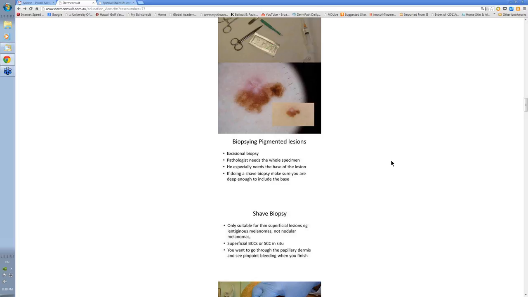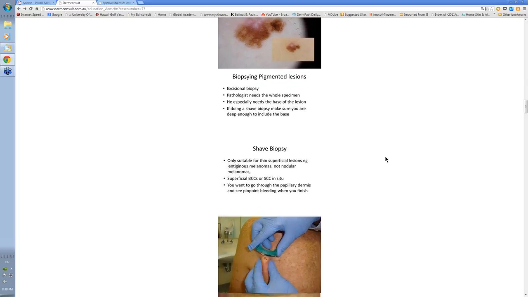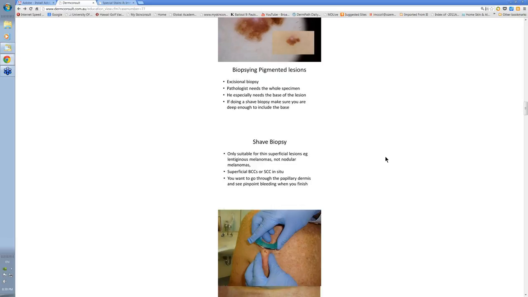A flat pigmented lesion, you can do a shave biopsy, but in general you're better not doing a shave biopsy if the lesion's raised. Now you can do a deep sort of shave, and we call that a saucerization biopsy.